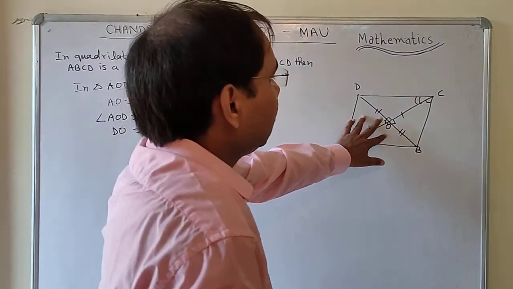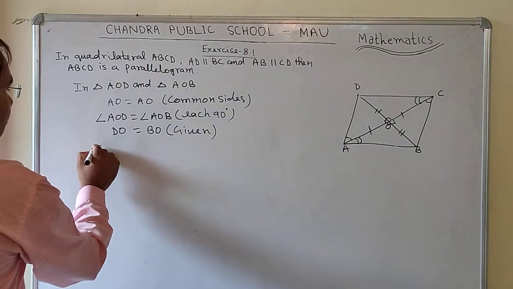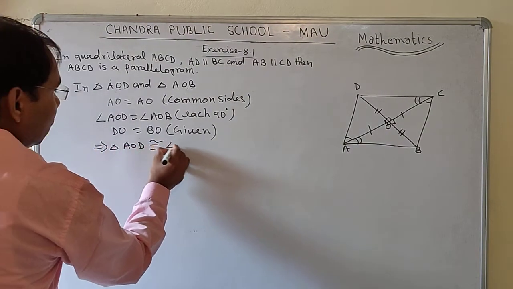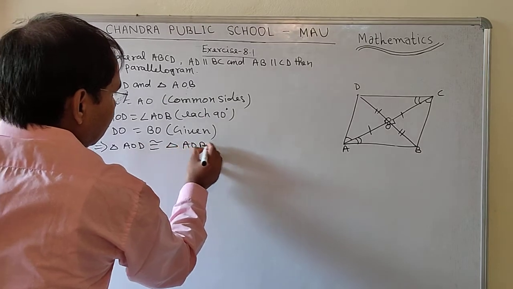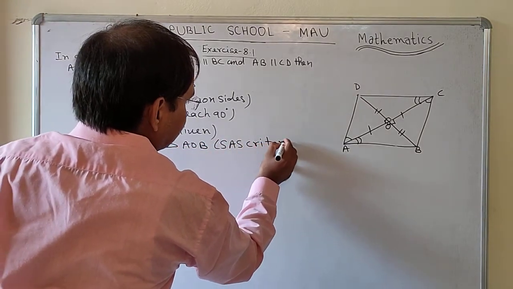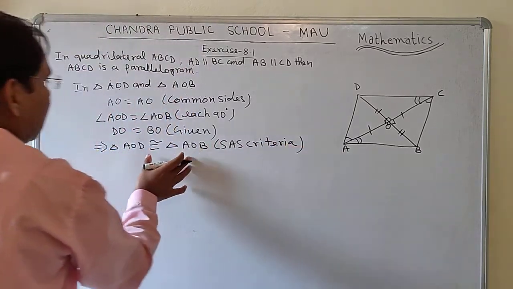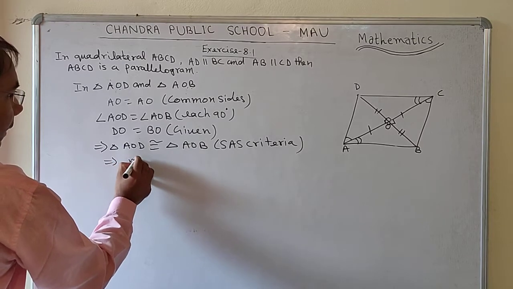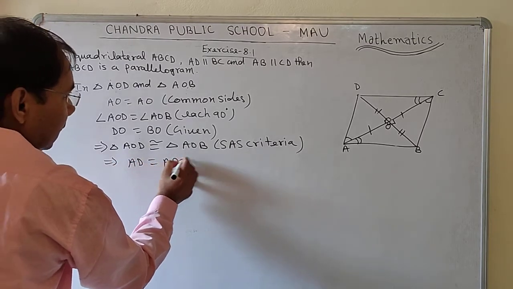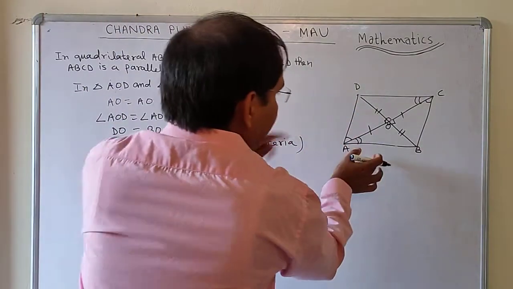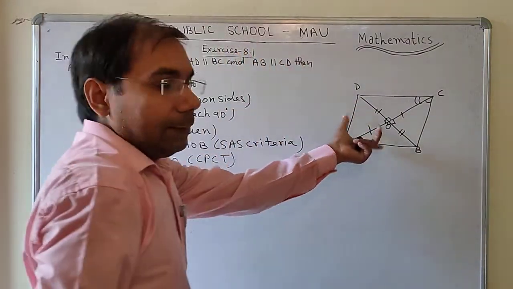So both the triangles are congruent. So here you can write, it shows that triangle AOD is congruent to triangle AOB by SAS criteria. And if both are congruent, then by CPCT, it shows that AD equals AB. AD and AB, these two are equal by CPCT.